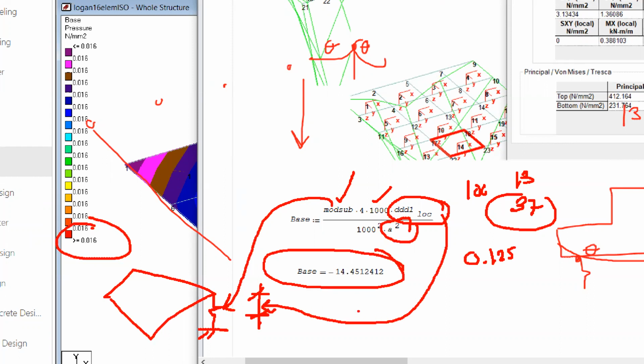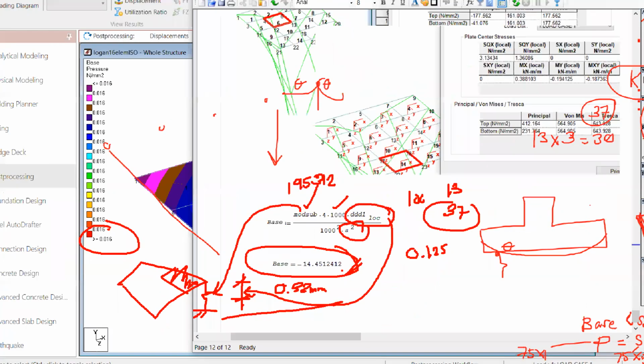That's about 0.32 mm, multiplied by the modulus of subgrade of 195,312, divided by the mesh size of 0.125, and that's your base pressure. So almost 16 versus 14.